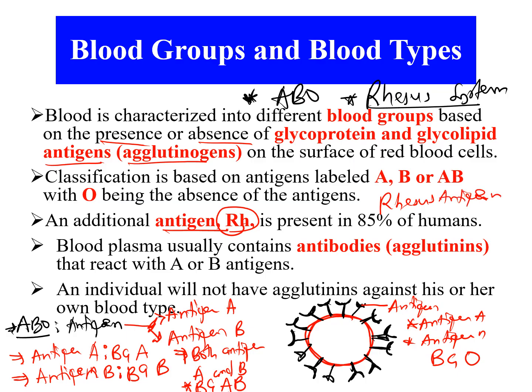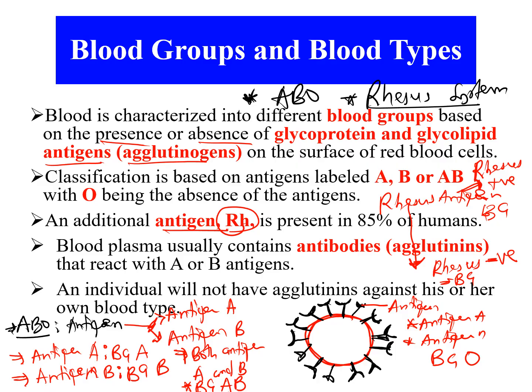And if an individual's red blood cells have a rhesus antigen, their blood group is going to be designated as a rhesus positive blood group. But if that individual's red blood cells do not have the rhesus antigen, then that individual's blood group is going to be referred to as rhesus negative blood group.